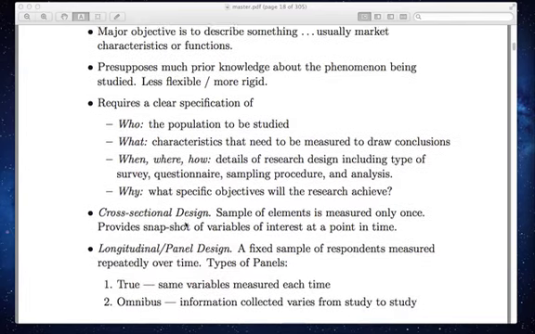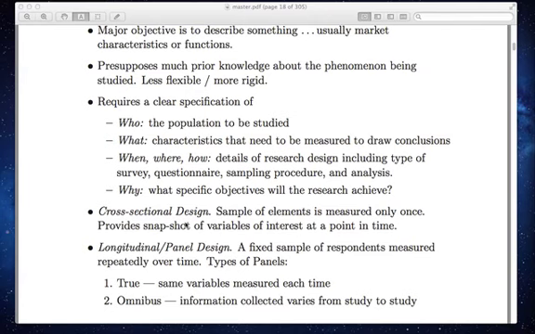Now, there are two broad classes of descriptive designs, and you should really know both of these terms: cross-sectional and longitudinal.